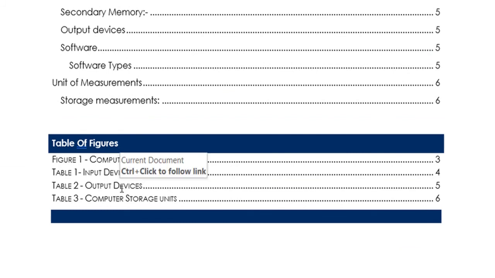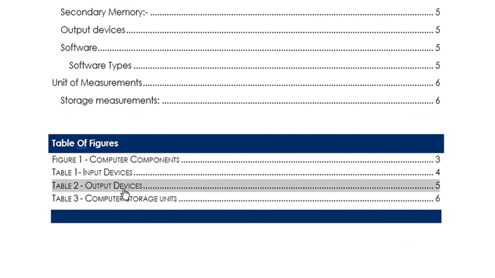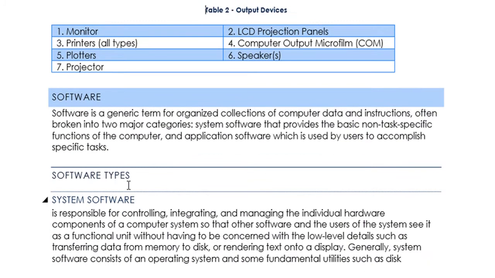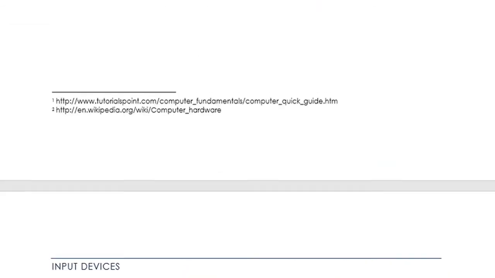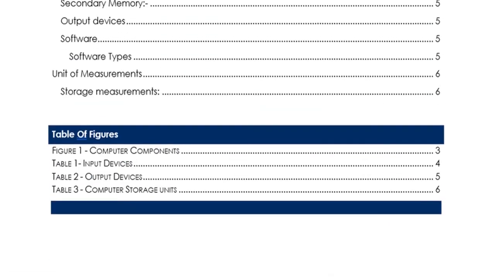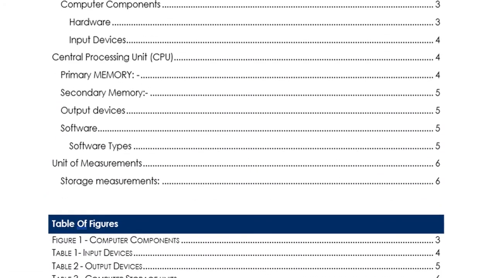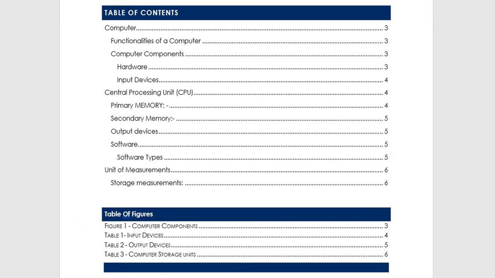Also, if I want to jump to the output devices table, it will directly take me to the table. This is basically to assist you in jumping to specific references within your document, similar to what we did for the table of contents. So this one is the table of figures or table of references, as you might call it.